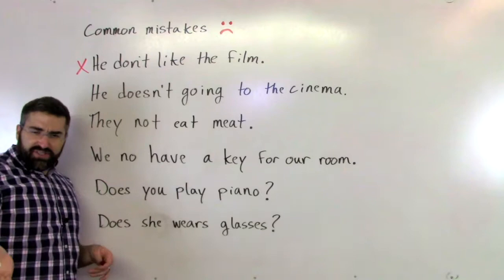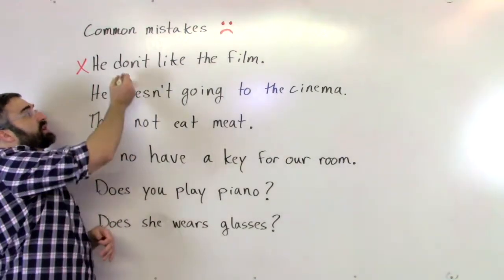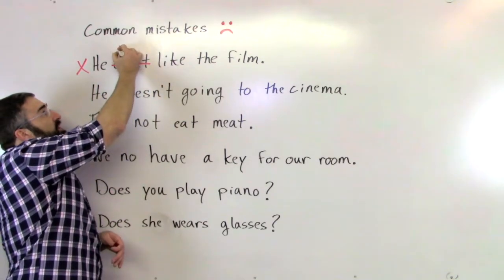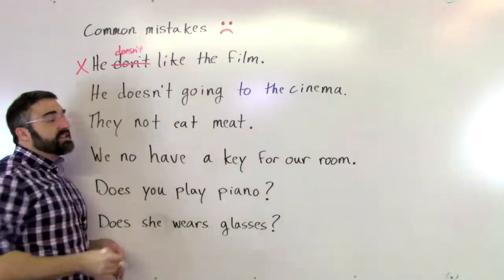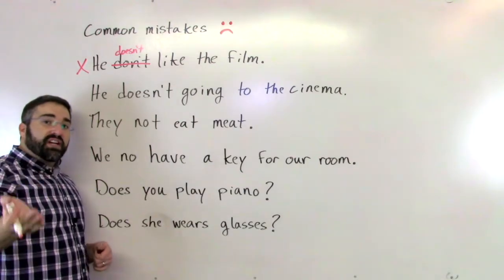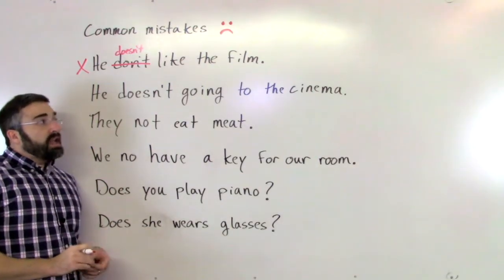He does. So this is our first mistake. We want to make sure that we use the correct form, "doesn't." We want to use "doesn't" instead of "he don't like the film." So make sure that you use "doesn't" or "does" for those one-person singulars.